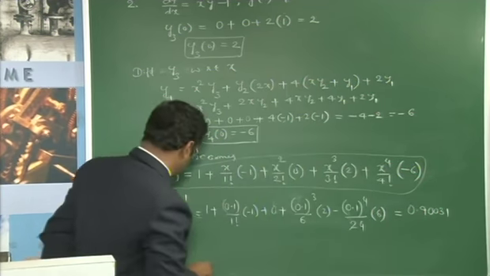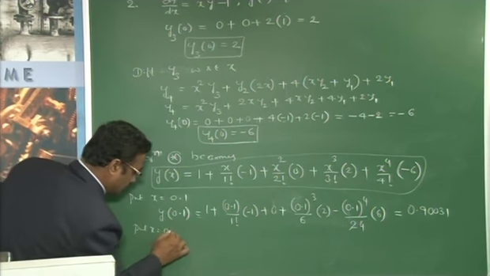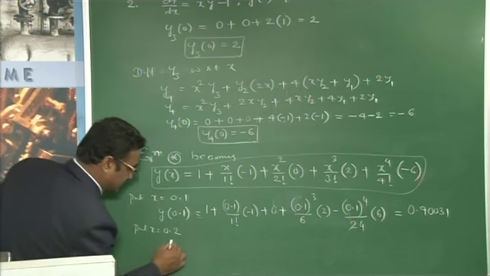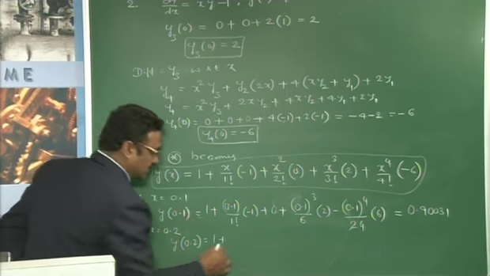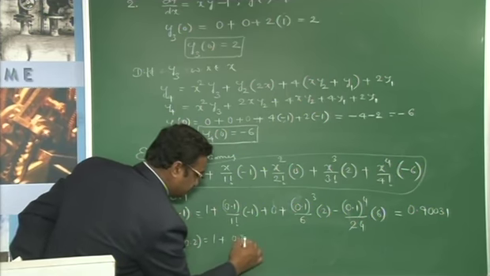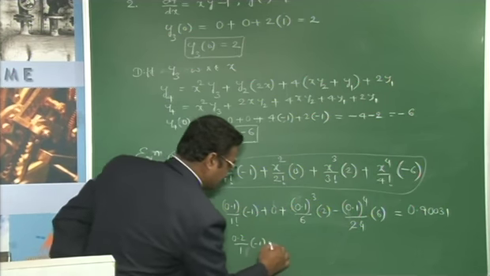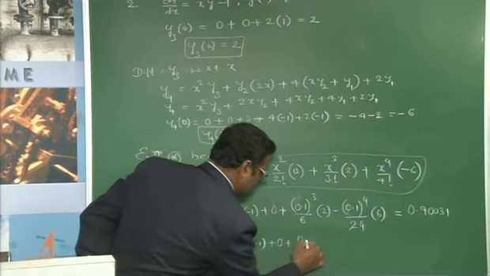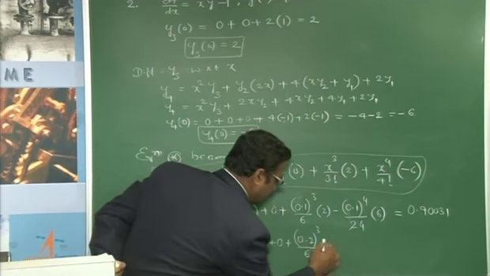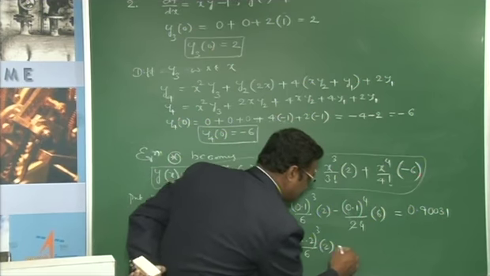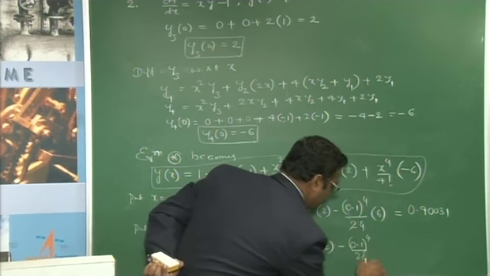0.90031. Then again put x equal to 0.2 in your Taylor series expansion. That is 0.2, 1 plus, in place of x you put 2. 1 factorial value is 1, this term 0, 0.2, 3 by 6 into 2 plus 0.1 whole power 4 by 24 into 6.